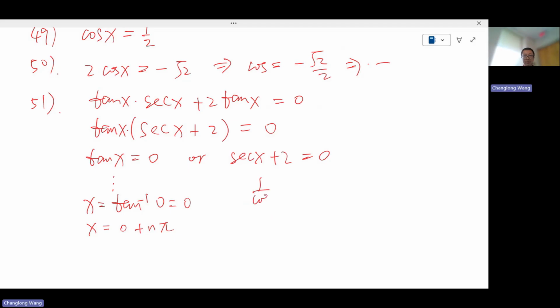Yes, 1 over cosine plus 2 equal to 0, right? That means 1 over cosine is nothing but negative 2. So cosine x will be negative 1/2, right? See, then you know what to do after that. Again, that's still a fundamental equation.